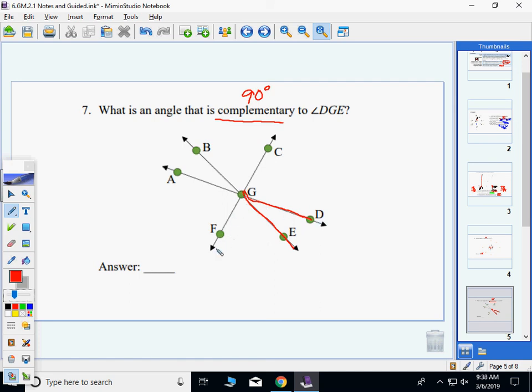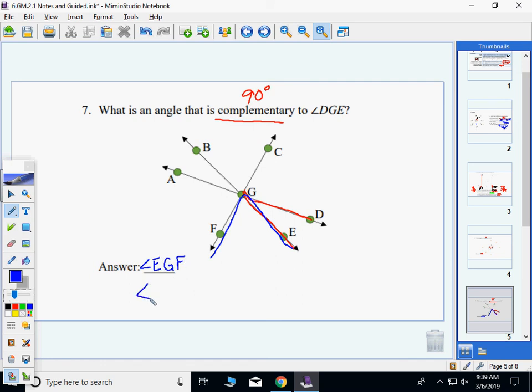This is a 90-degree angle, but we want to know the other angle that I add to this one to make that. You would add EGF? Yeah, you go out, in, out. So not DGF, sorry, EGF. Together they make 90 degrees. So it will be angle EGF.